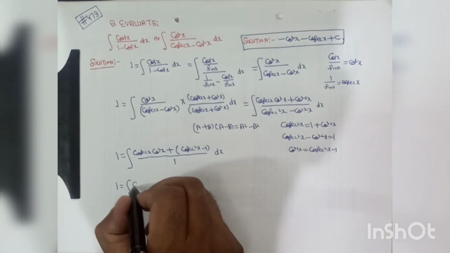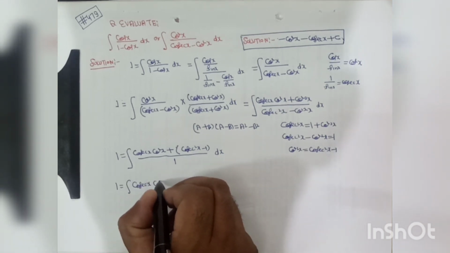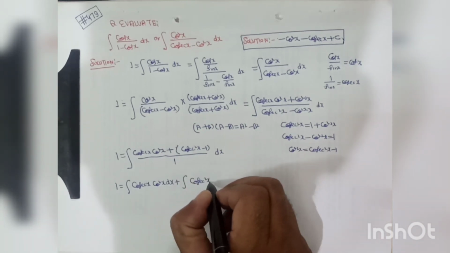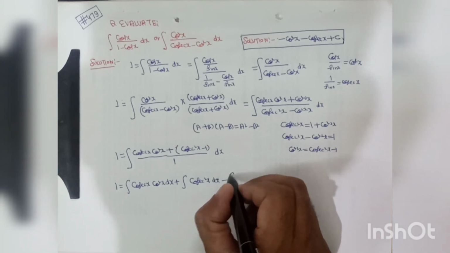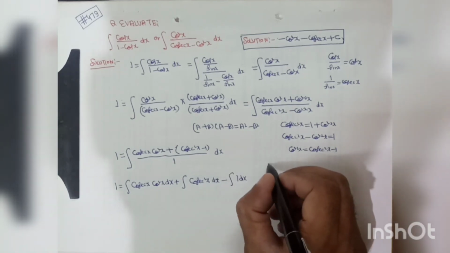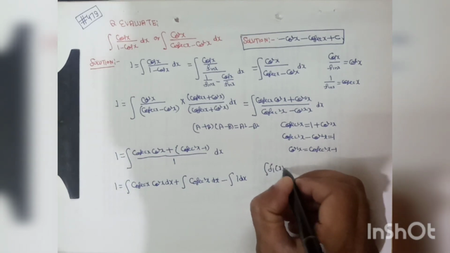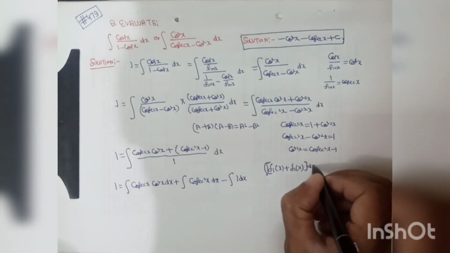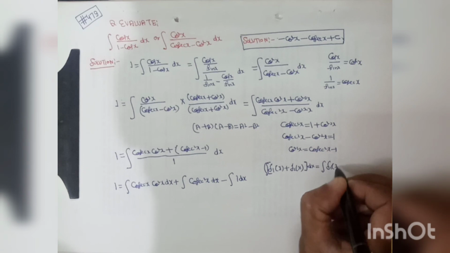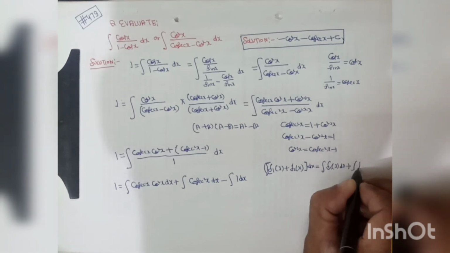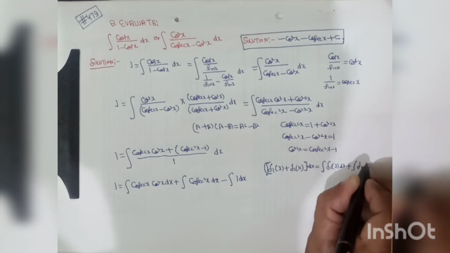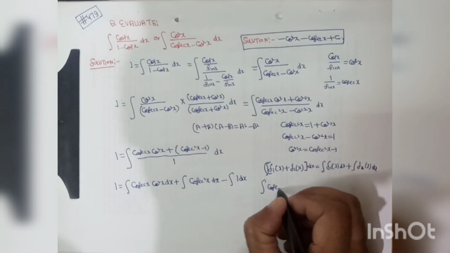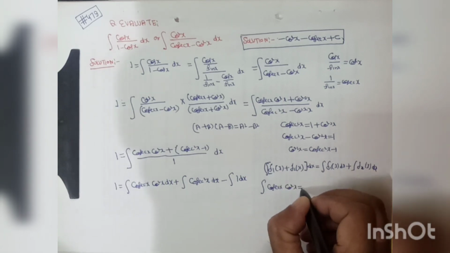So this may be written as integration of cosec x into cot x dx plus integration of cosec square x dx minus integration of 1 dx, because we know integration of function 1 x plus function 2 x dx is equal to integration of function 1 x dx plus integration of function 2 x dx.